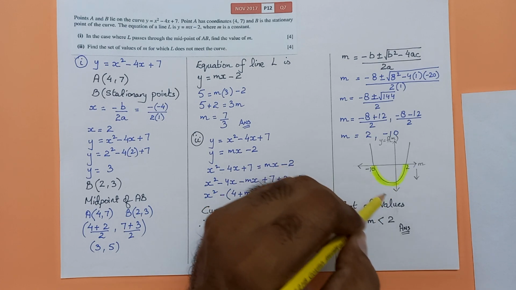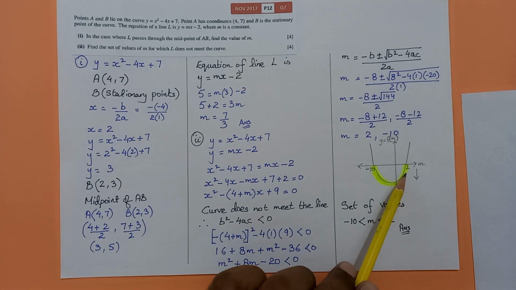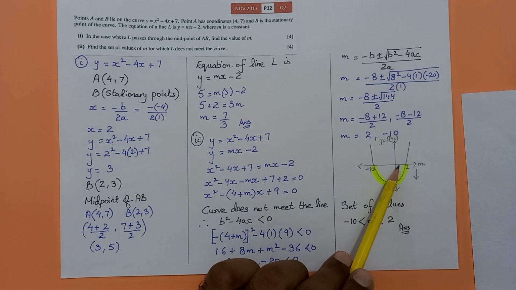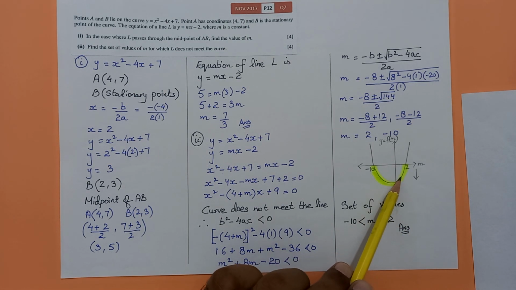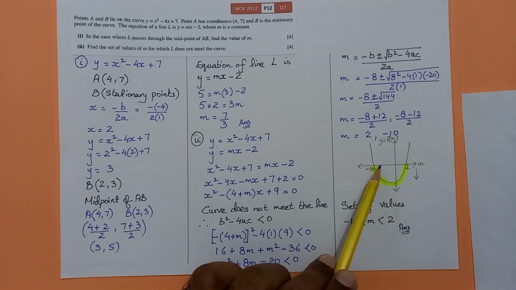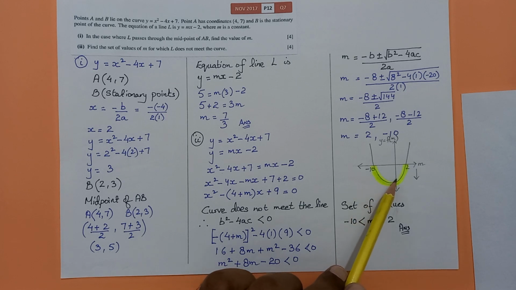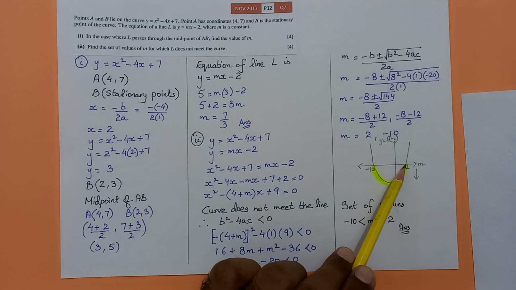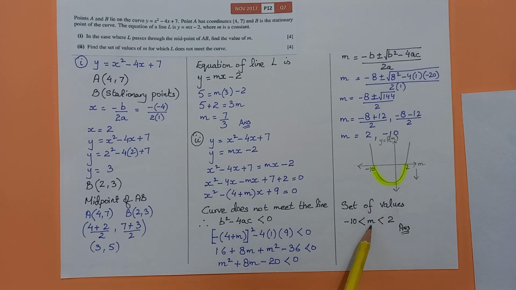If we look at the graph, we could easily say that values between -10 and 2 give a negative value of y. So all the values less than 2, as I have written m < 2, and all the values greater than -10, as I have written m > -10, are the set of values for the second part of the question.